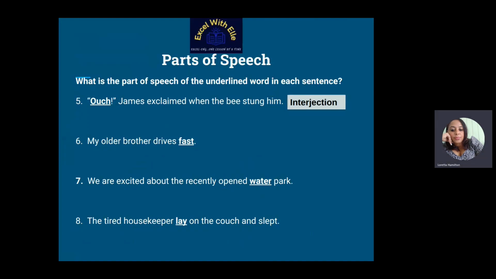Number 6 reads, my older brother drives fast. The underlined word fast. First thing, you ask yourself, what is the function of the word? What is the work of the word? Now, if we look at the word fast, it is telling us how my older brother drives. Now, drives is a verb.